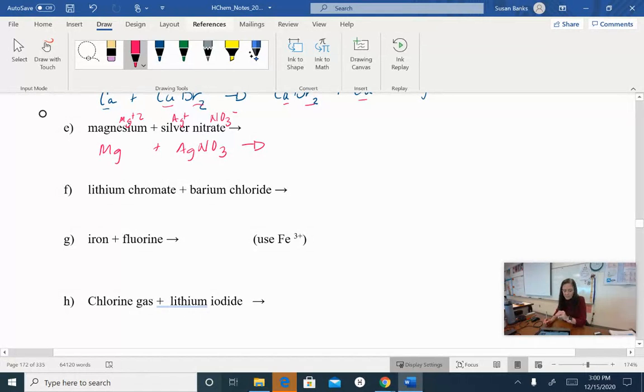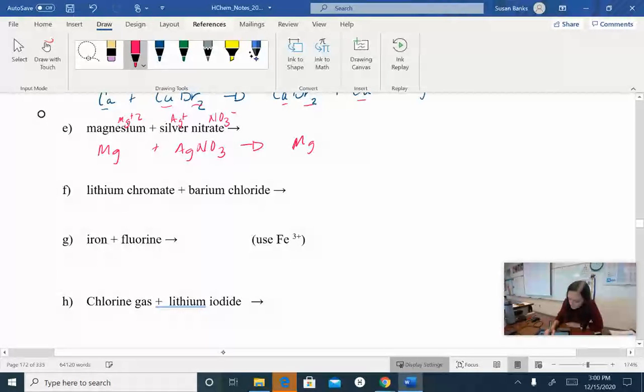We need to decide the ratio. Magnesium is a +2, nitrate is a -1. So in order to get that to add up to 0, I'm going to need 1 magnesium and 2 nitrates. And then silver is going to be off by its lonesome. Okay?